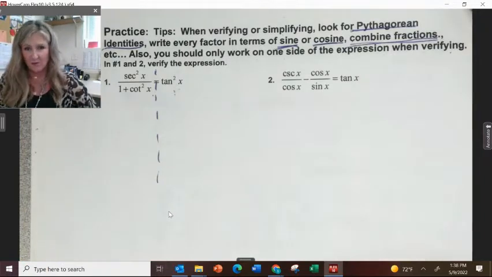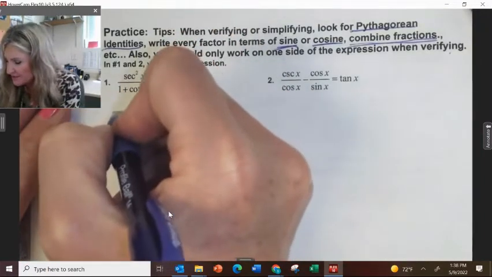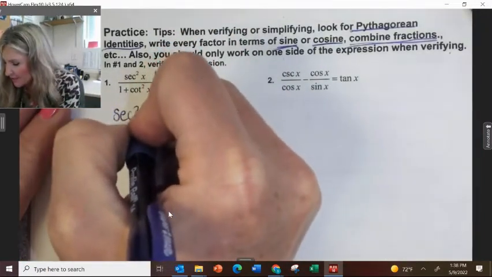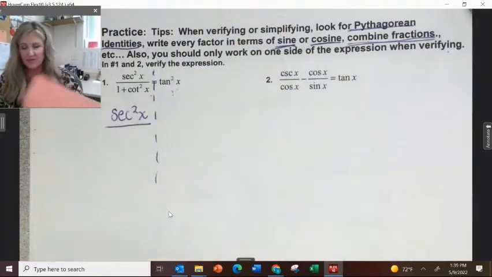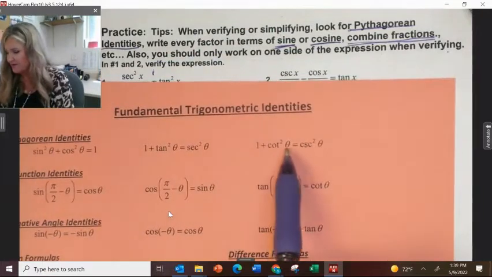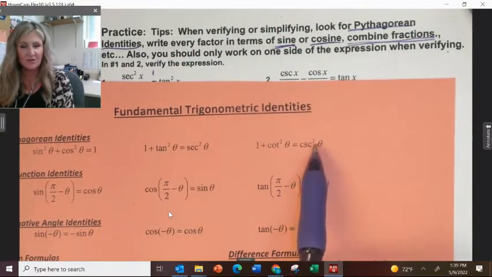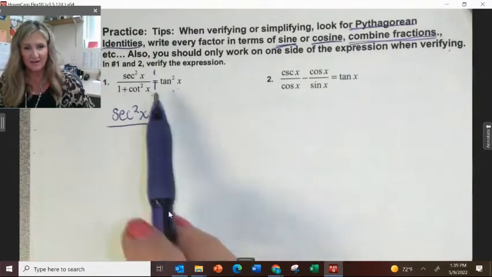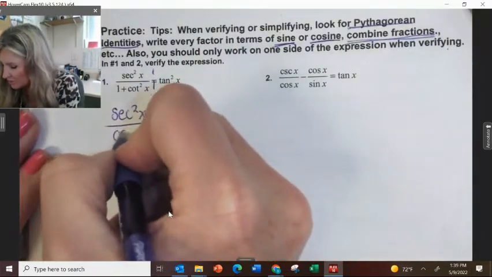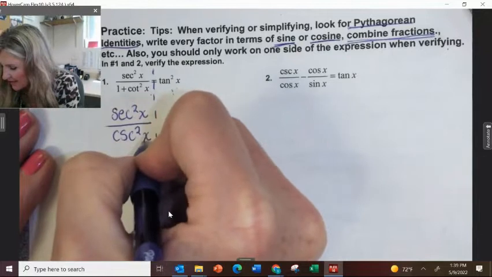Cosecant squared of that angle, right? So this is going to stay the same, secant squared x. But this denominator, 1 plus cotangent squared, is going to be the same thing as cosecant squared. Now I have to keep the angle the same as what I'm given. So this is going to be cosecant squared x.